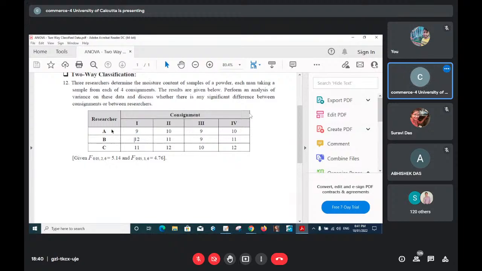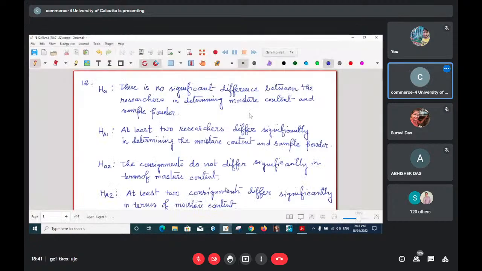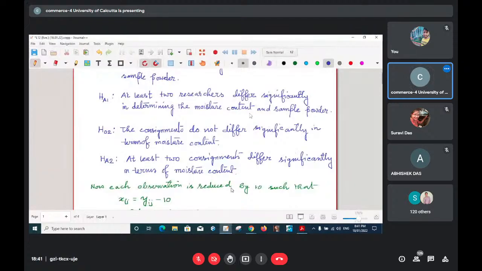So for this cell Yij is Ya1, for this cell Ya2, for this cell Ya3, in this way. What I will write, I have already written, you can see. Now each observation is reduced by 10 such that Xij is equal to Yij minus 10.